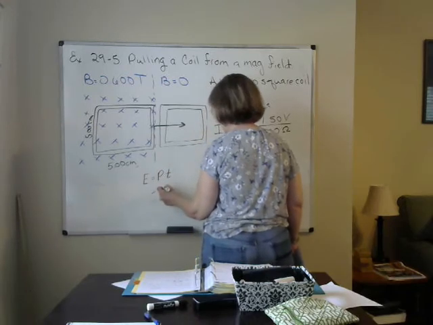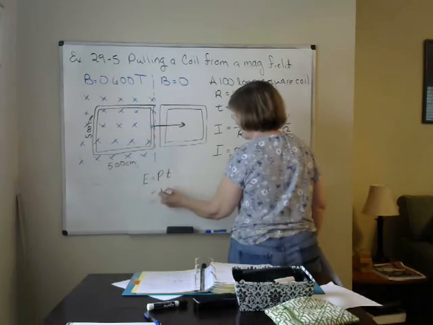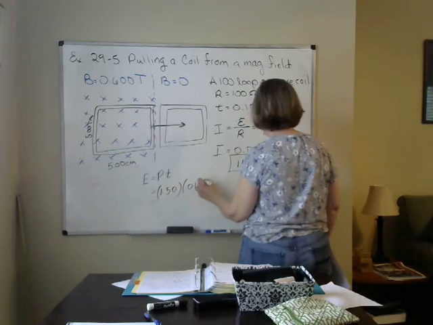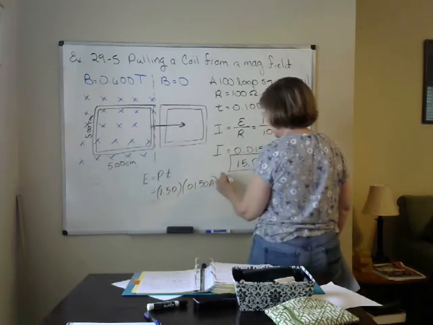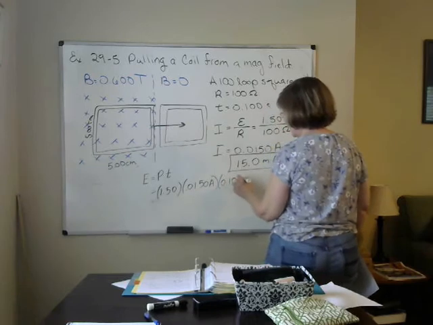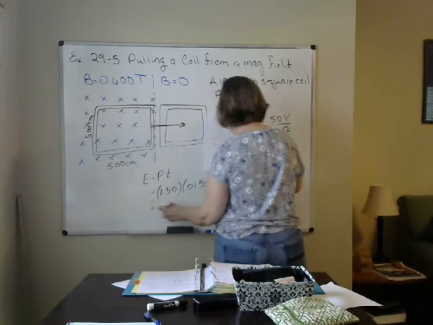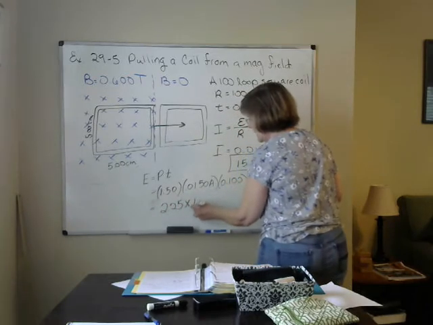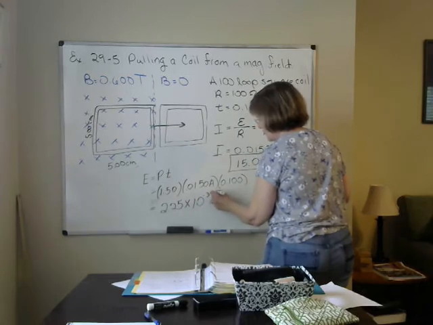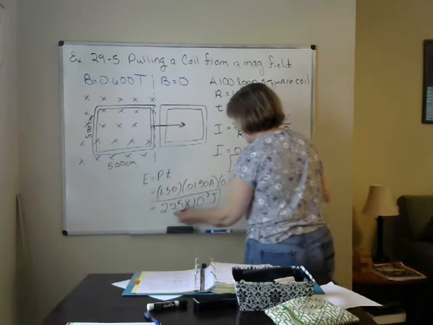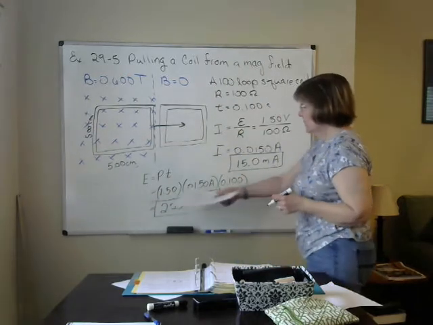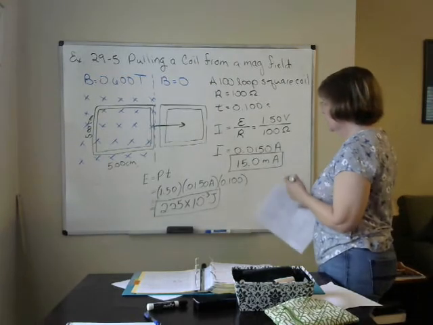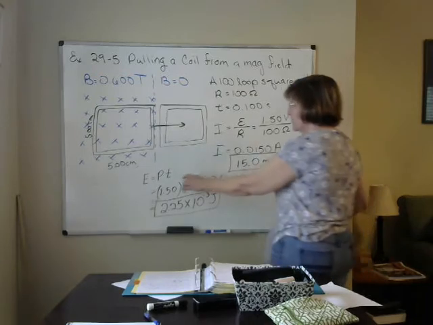So we have V, that's our induced EMF, 1.5 volts, I, 0.0150 amps, t, 0.100 seconds, and I find out the actual amount of energy that was dissipated is 2.25 times 10 to the negative 3 joules. If they had just asked for the power, I would have done the 1.5 volts times the current. Power is VI, but they wanted the energy, so I multiplied it by the time to get joules. Remember, power is joules per second.